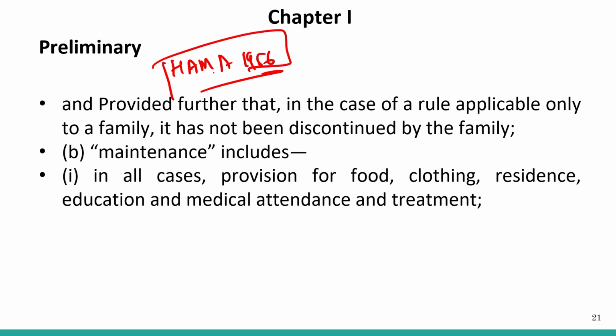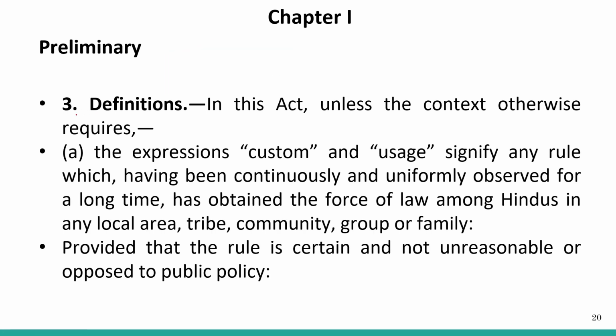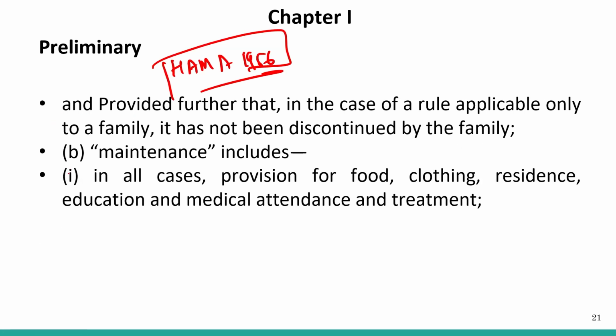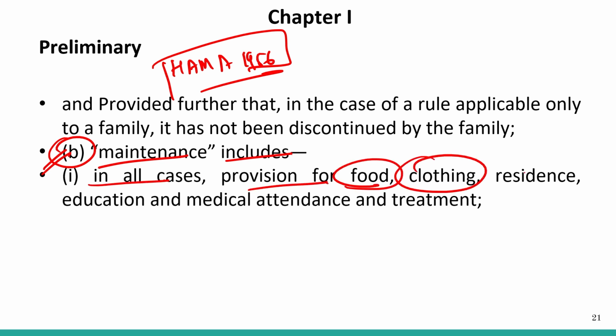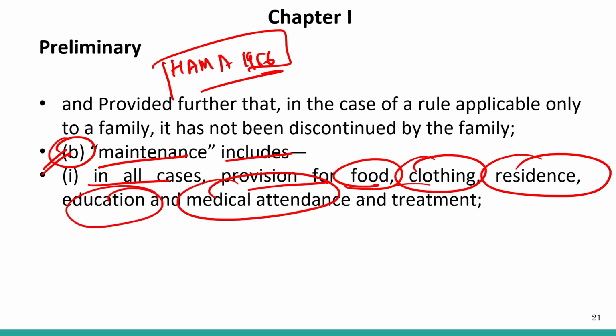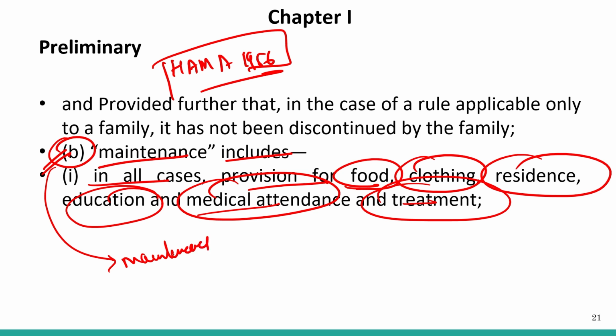In this, we are talking about the definitions. In the definitions, we have gone through Section 3(b), which says that maintenance shall include, in all cases, provisions for food, clothing, residence, education, medical attendance, and treatment. So these are all the essentials which are to be included under the definition of maintenance.